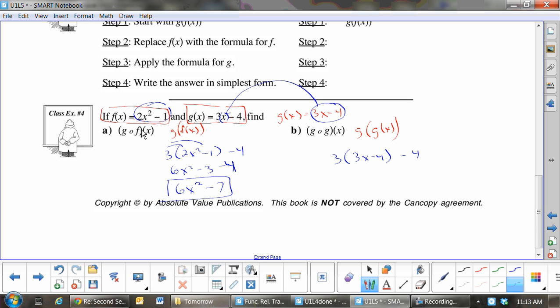So that is 9x minus 12 minus 4, which is 9x minus 16. That is g of g of x. So once you know how to do it, they're not that tough.